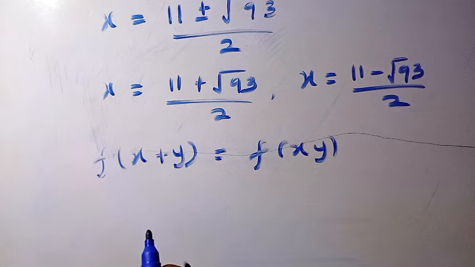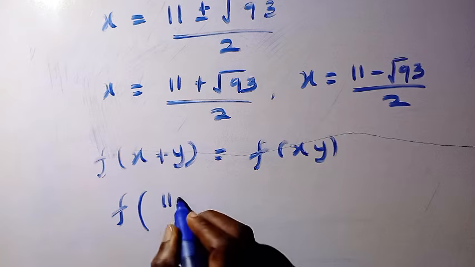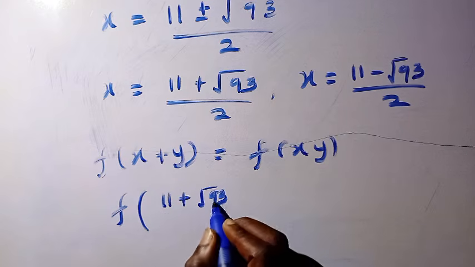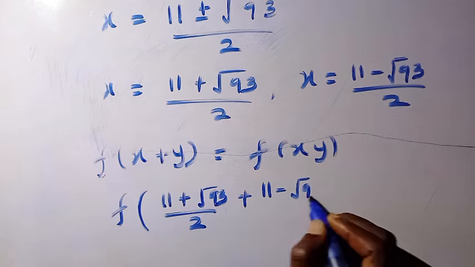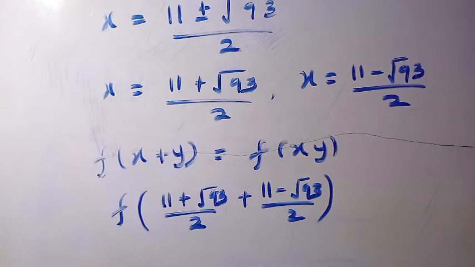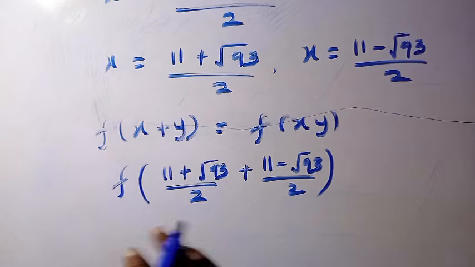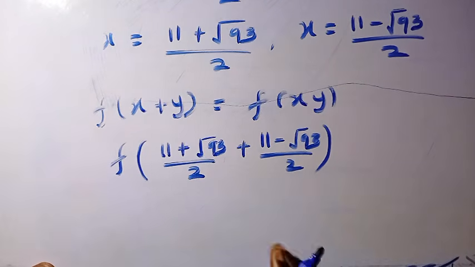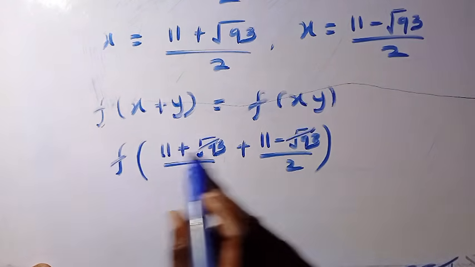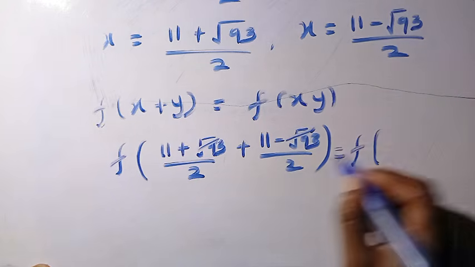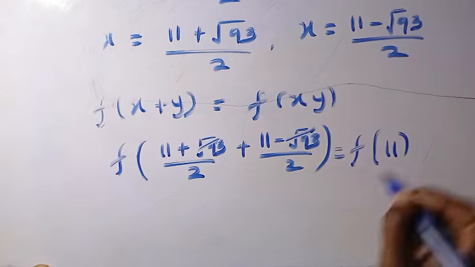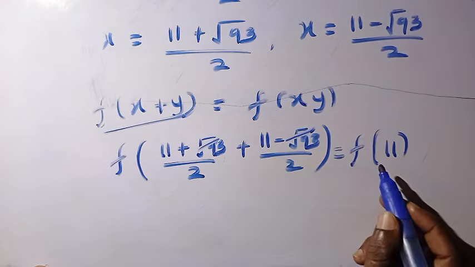If we add them together, we are going to have f of (11 plus square root of 93 divided by 2, plus 11 minus square root of 93 divided by 2). The square root of 93 terms cancel, and 11 plus 11 gives us 22, then 22 divided by 2 gives us 11. So the left hand side gives us 11, which is what we need.